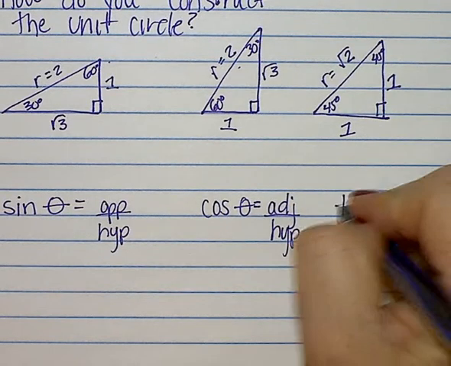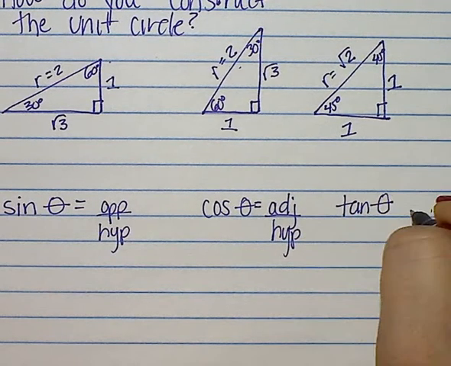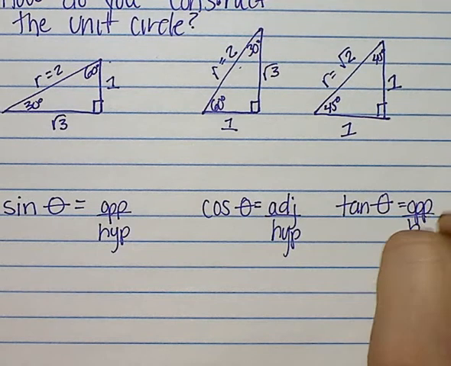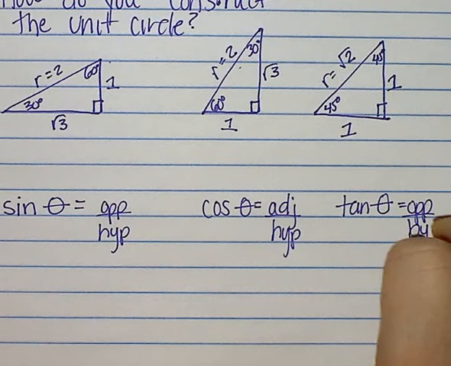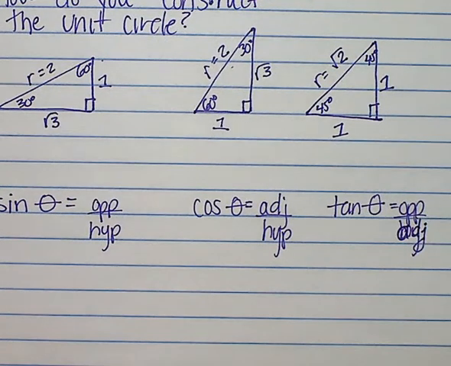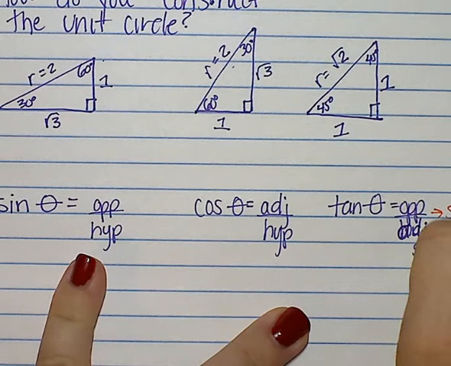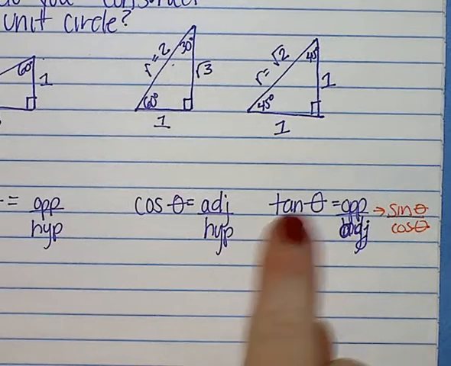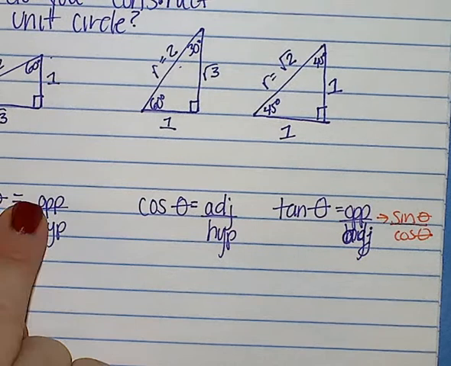And we're going to do a couple things for tangent. Tangent is opposite over hypotenuse. Excuse me, opposite over adjacent. But we also often refer to it as being the sine over the cosine. And you can see that because opposite goes with sine, so sine's on top.